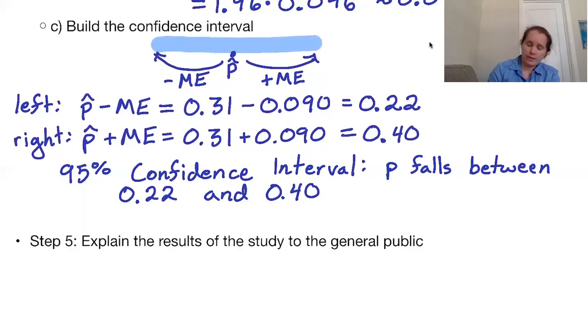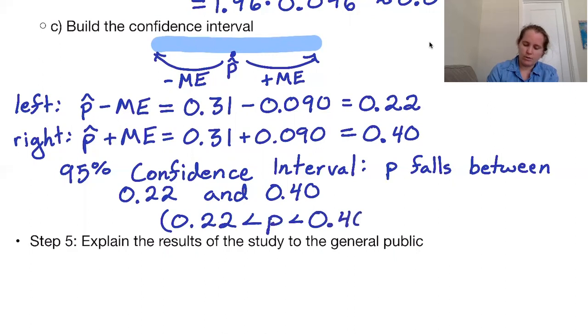Or in symbol notation, we would denote this as 0.22 is less than P is less than 0.40.